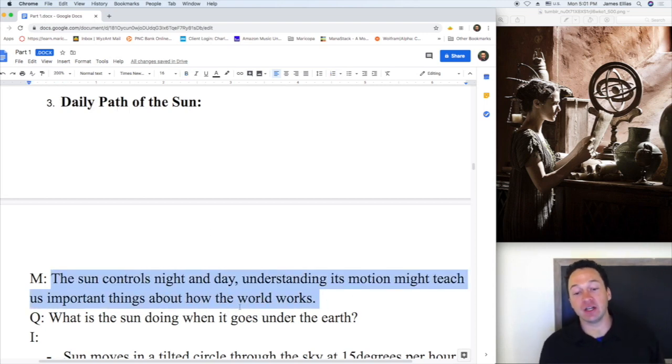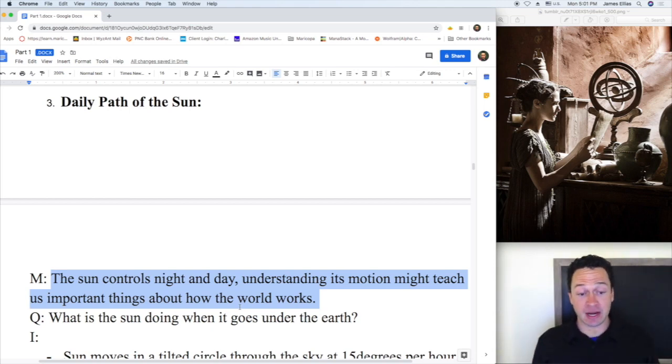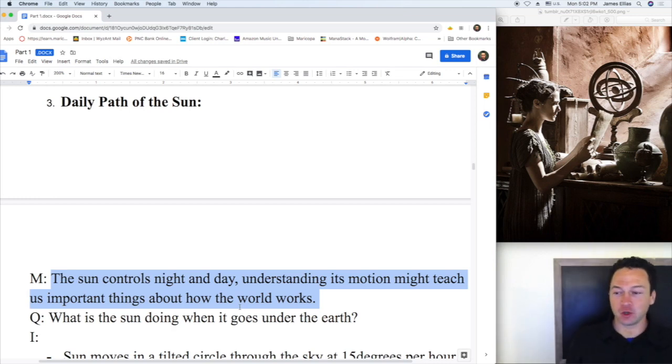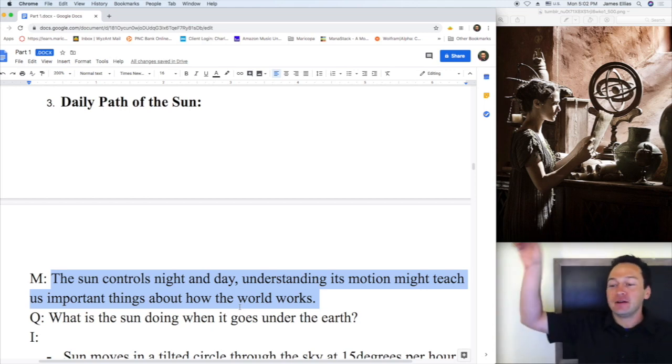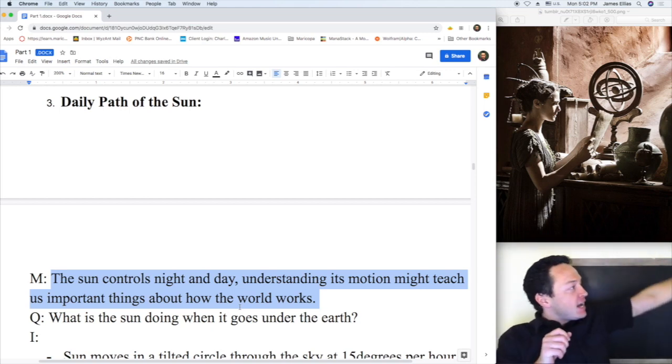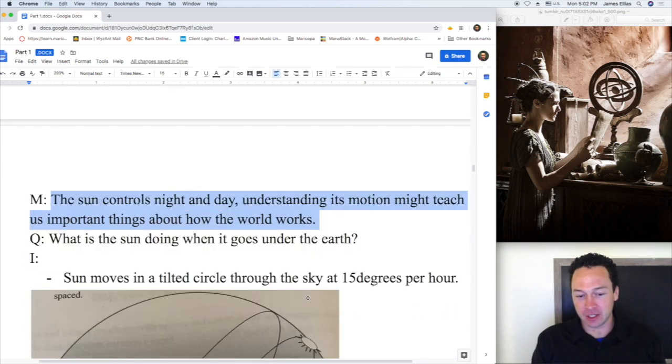Here's our motivation. The sun controls night and day, so understanding its motion might teach us important things about how this world works. So one way you can ask this question is what is the sun doing when it goes under the earth? It looks like the sun is going through the sky and then it descends beneath the horizon. Now what's it doing once it goes beneath the horizon?